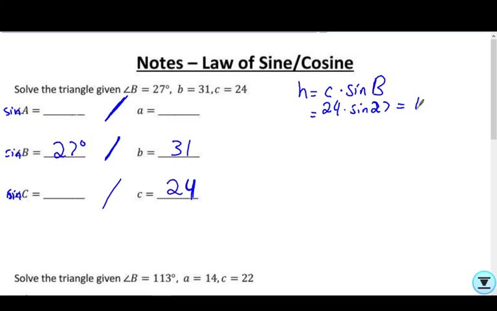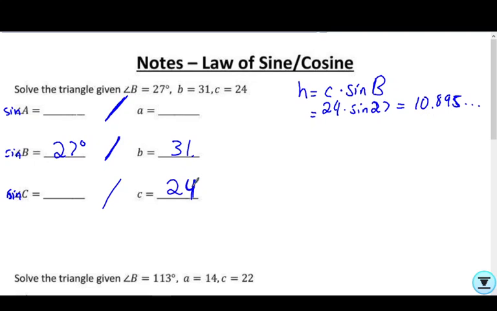Plug that in your calculator and you get 10.895, blah, blah, blah. Obviously 31 is way bigger than that, so I have at least a solution. Then we look, is this side bigger than the other side? Yep, and since it's greater than the other one, automatically we have only one solution. So it is a law of sines ambiguous case, but only one solution.